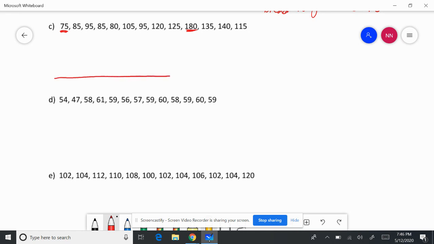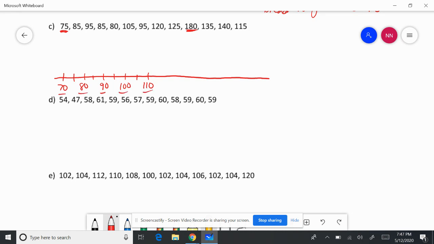And when I go by fives, I'm just going to write the tens down. So I'm going to start with 70. I'm going to go by 5. So I have 75, 80, 85, 90, 95, 100, 105, 110. Notice I'm going by fives, but writing the numbers, I'm just going to go by tens.